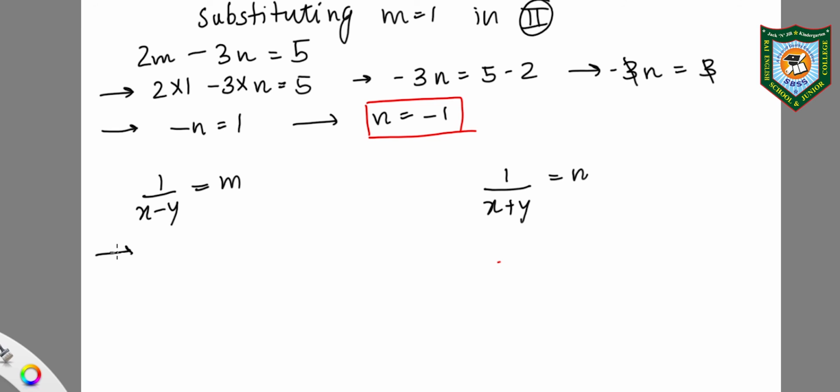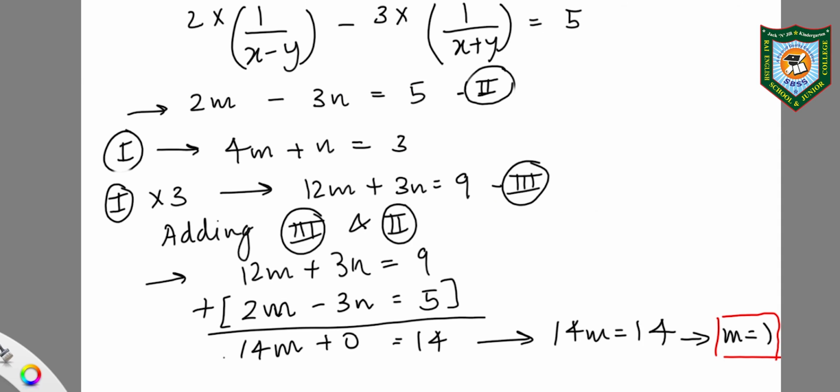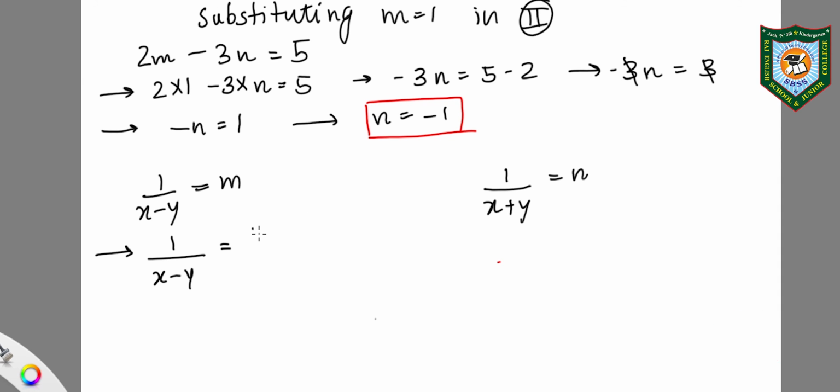Therefore I have 1 upon x minus y is equals to 1, my value for m, and 1 upon x plus y is equals to minus 1.